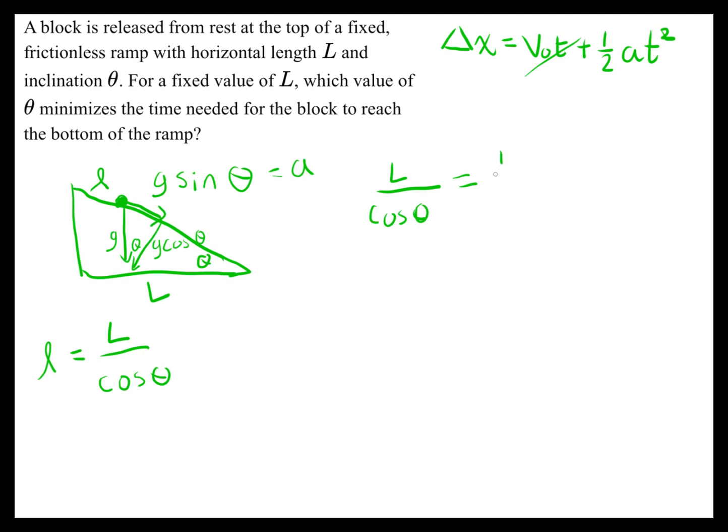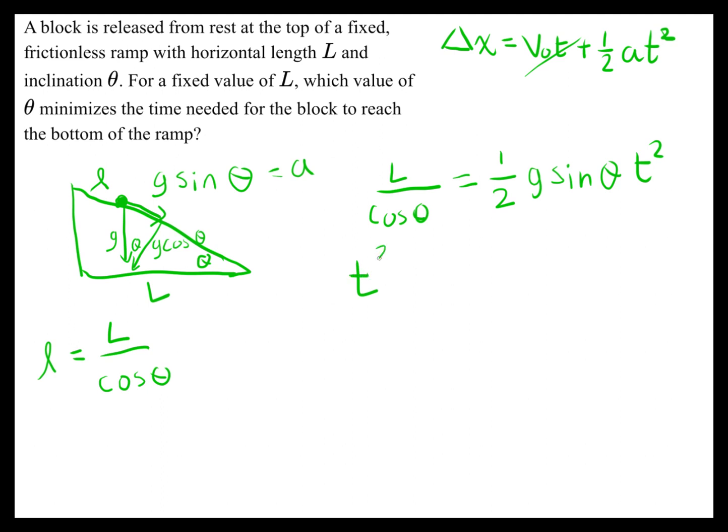And we only have 1/2 times the acceleration, which we just found to be g sine theta, times t squared. So we can rearrange this to solve for t.